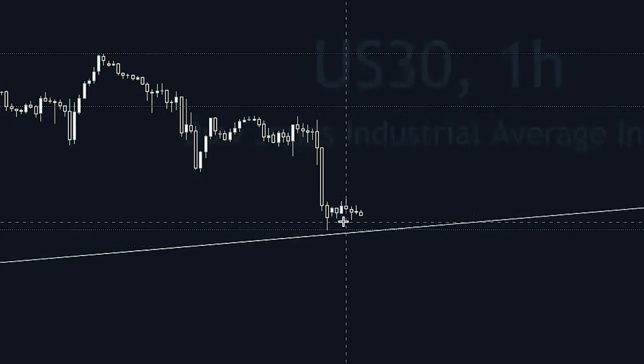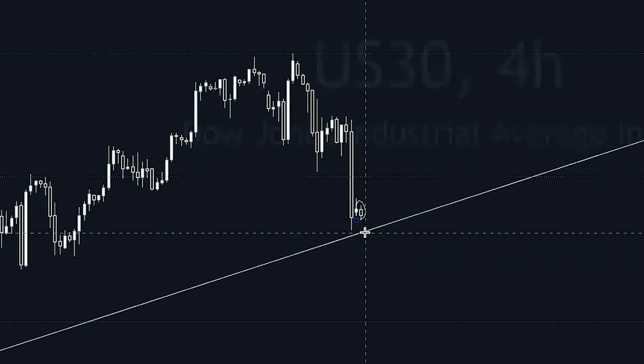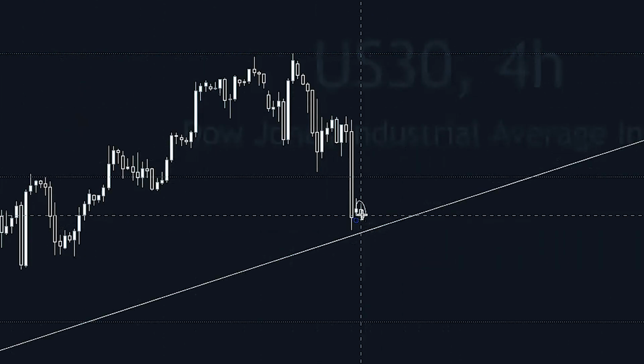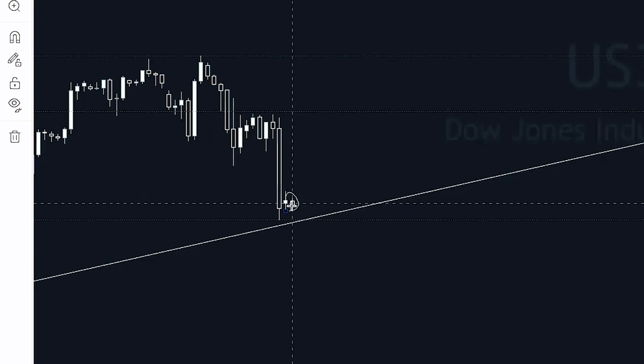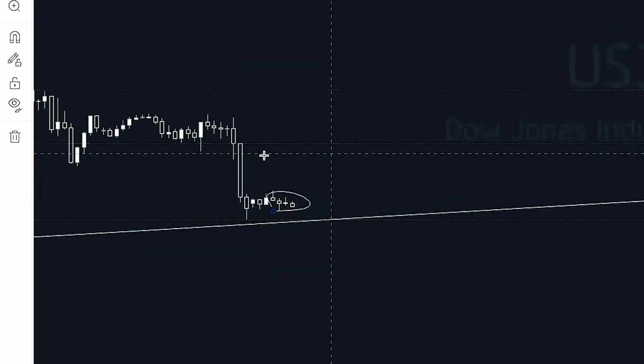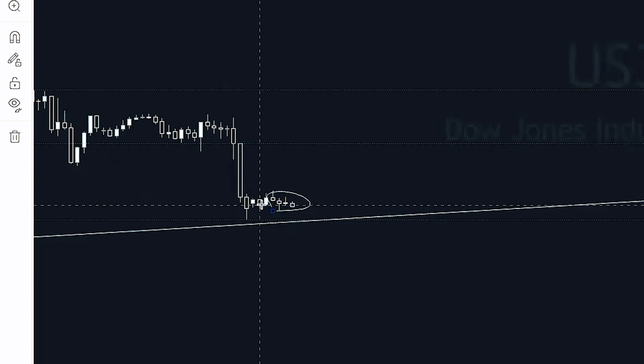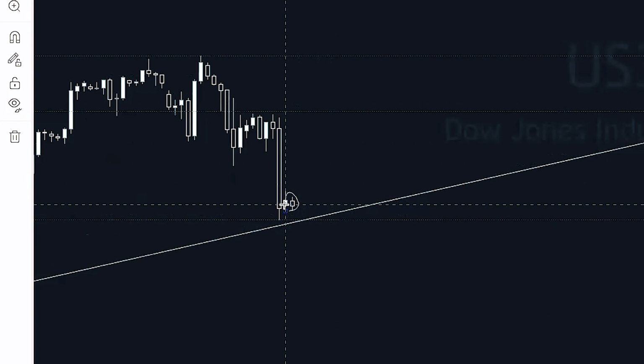Let's just circle this and go back up. That's that one small little candle. We drop back to the 1 hour and we go 1, 2, 3, 4 and go back to the 4 hour. That's that white buying candle that we got. So I hope that makes sense to you, right?